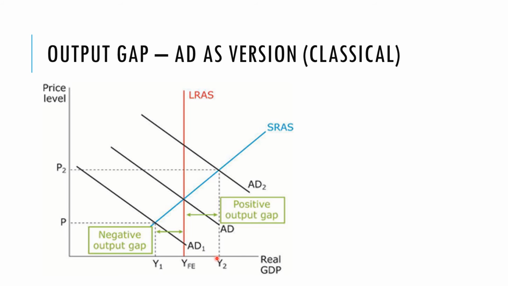When we have a high level of aggregate demand within the economy, AD2, and the level of output of Y2, we have a positive output gap because more is being produced than can sustainably be produced in the long run.